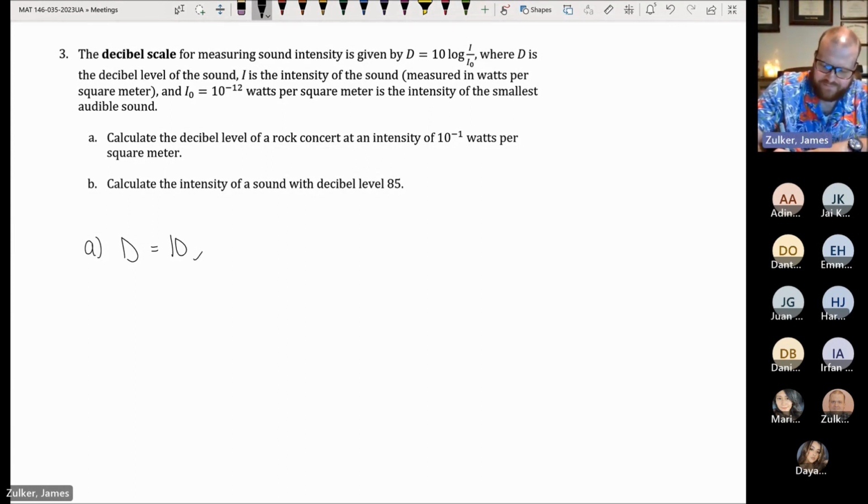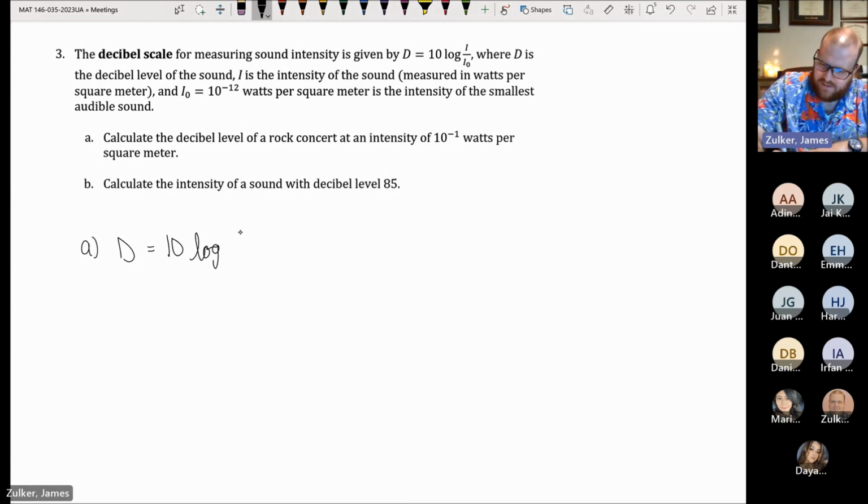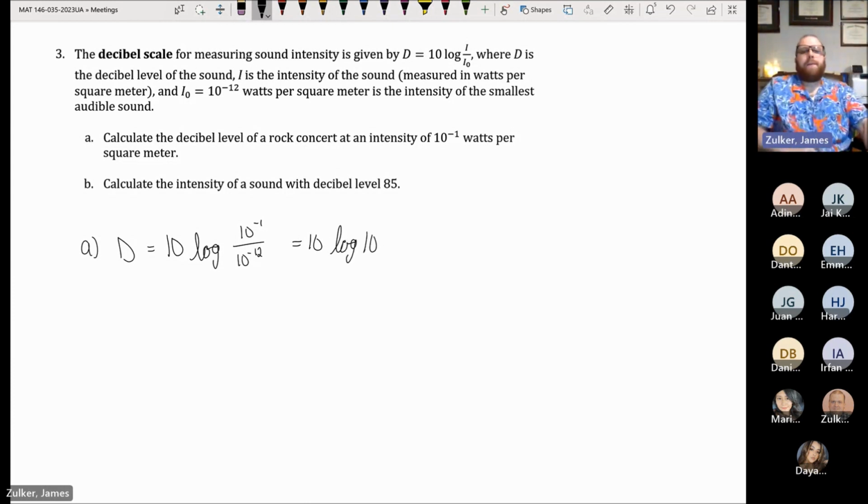That'd be 10 times log of 10 to the minus 1 over 10 to the minus 12. Ten to the minus 1 over 10 to the minus 12 is what? It's 10 to the what power?